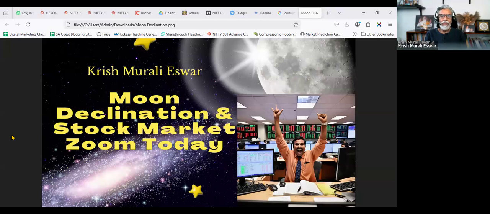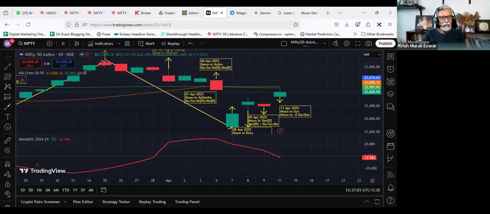Today, I want to show you a simple indicator that our dear friend Amber Jain has created for moon declination and Nifty. Here is the TradingView indicator that shows you how moon declination really works. This red line is the moon declination angle.